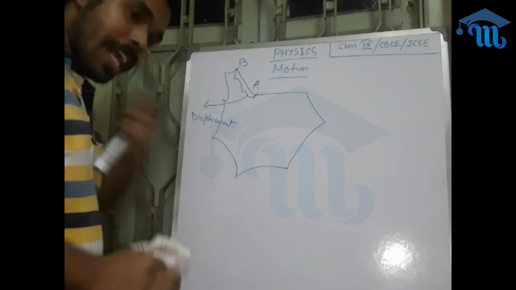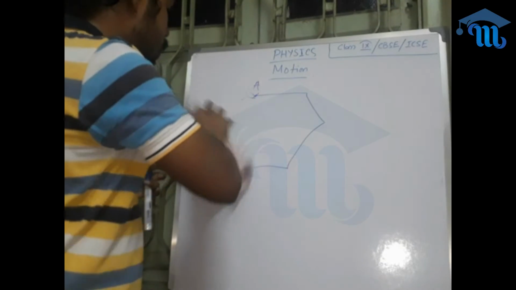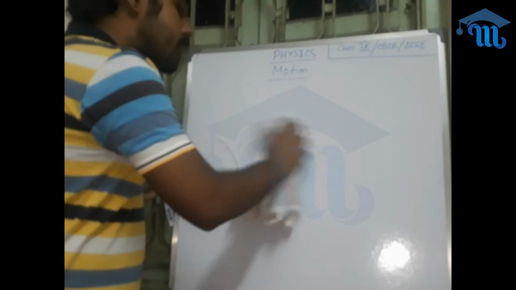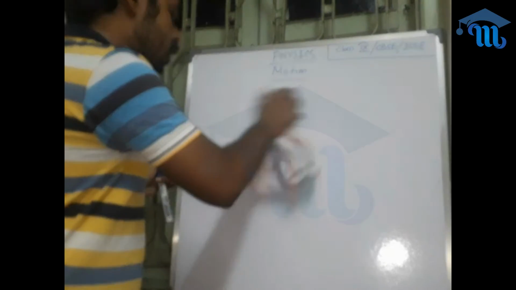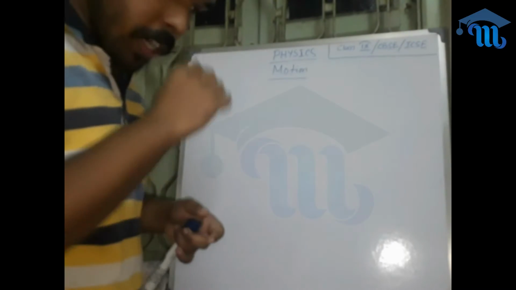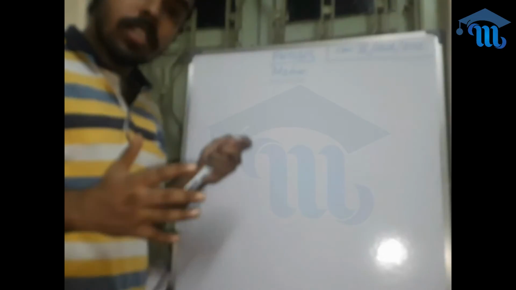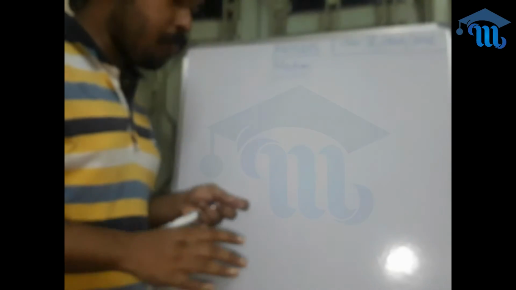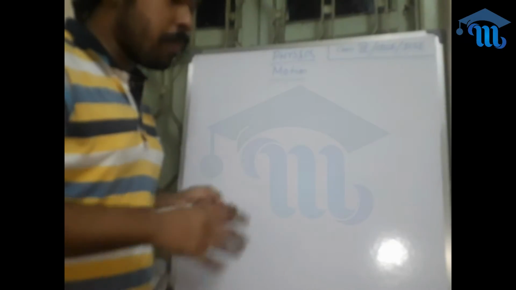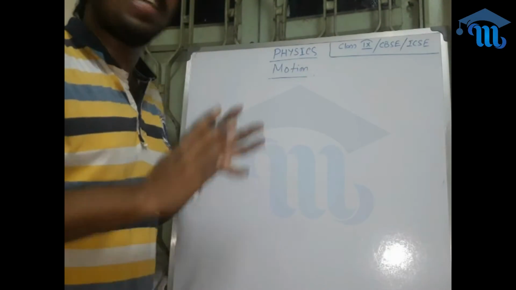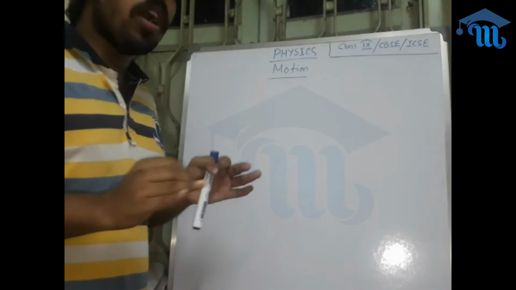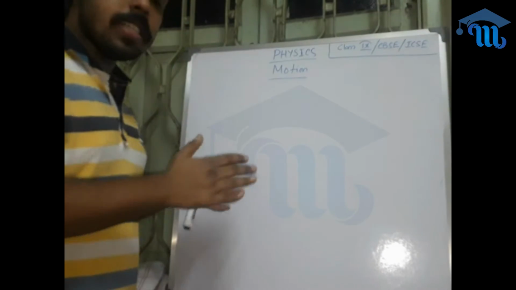Now there is another difference between distance and displacement, that is distance is a scalar quantity. Now what is a scalar quantity? A scalar quantity has a particular magnitude, that means it has a value, but it does not have a particular direction. That is distance.